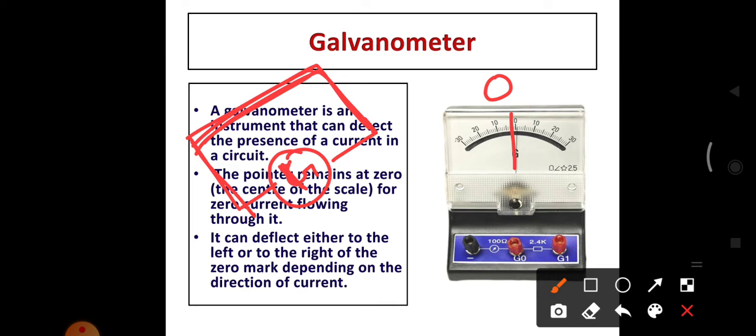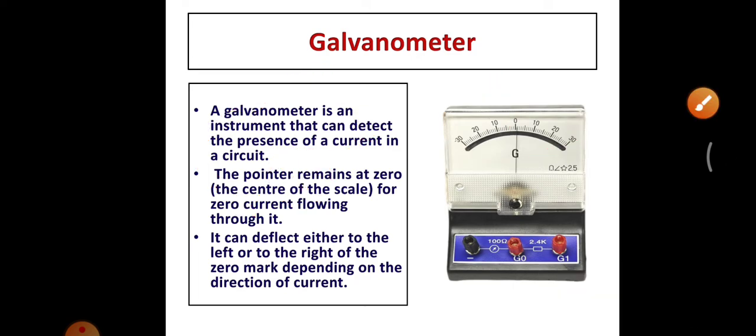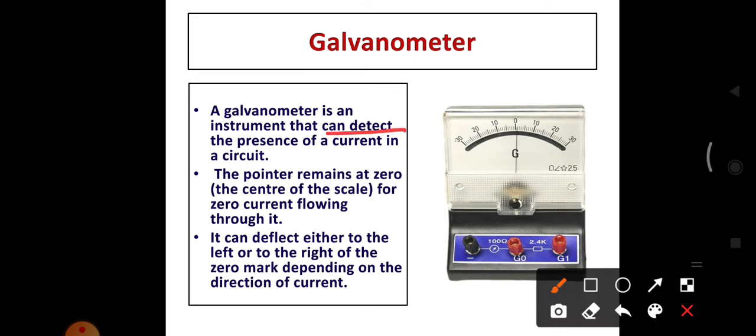If any current is produced in this conductor, the galvanometer deflects right or left. So the galvanometer is used to detect the presence of a current in a circuit. It is not used to measure the current of the circuit. It is just to detect the presence of a current. The pointer remains at 0 for zero current flowing through it.